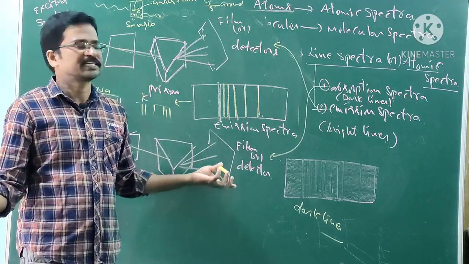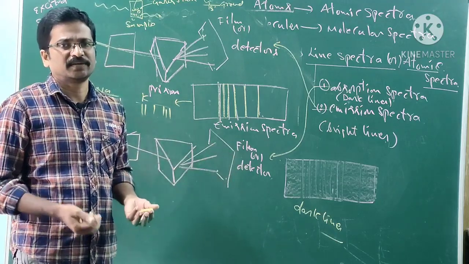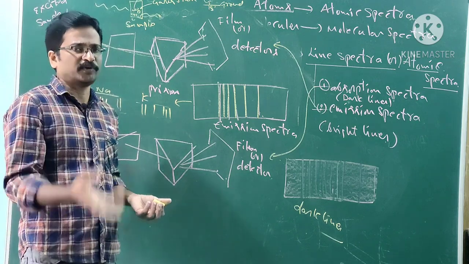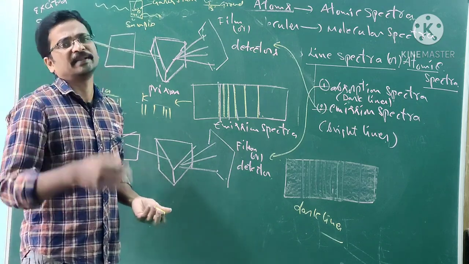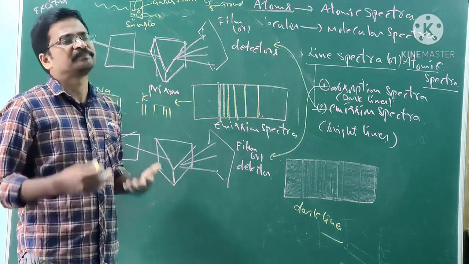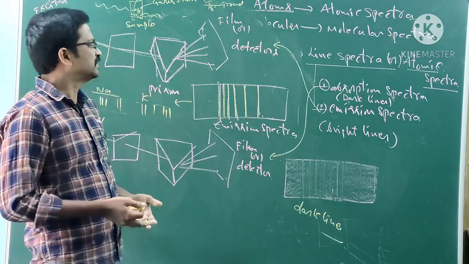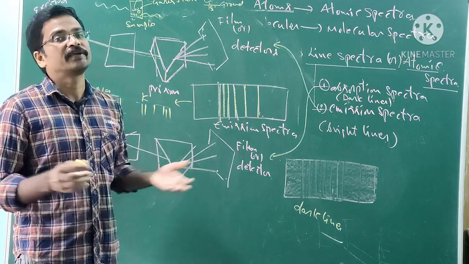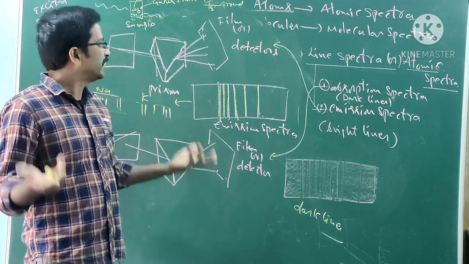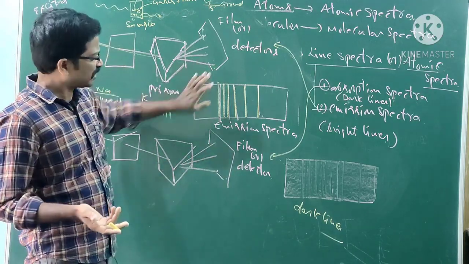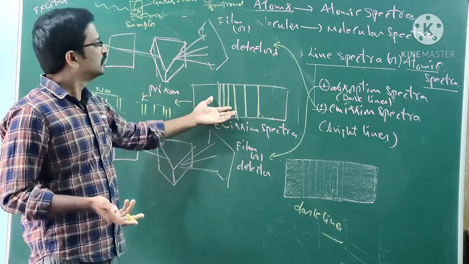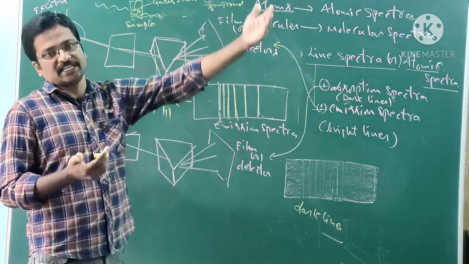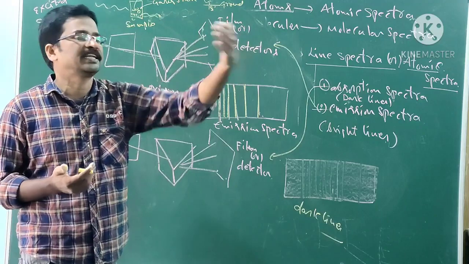Our earth crust contains different elements, whether titanium or mercury or whatever it may be. How can we find out which element it is? By taking the emission spectra or absorption spectra, you can compare with the previous history of which particular element has which particular spectrum.